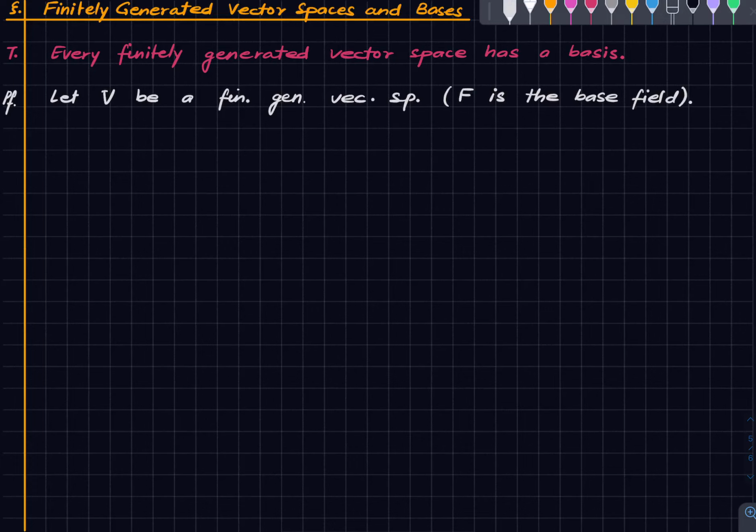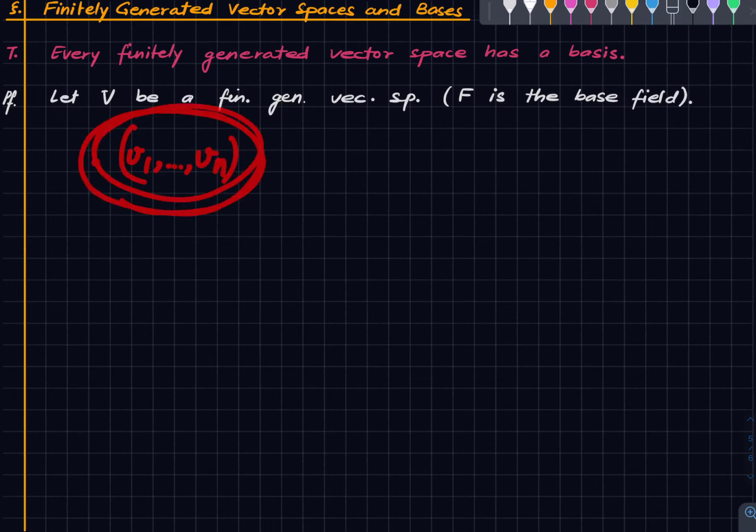Since it is a finitely generated vector space, there is a finite spanning list, or let me say there is a finite spanning set, and hence we can find n vectors such that the corresponding list is a spanning list.